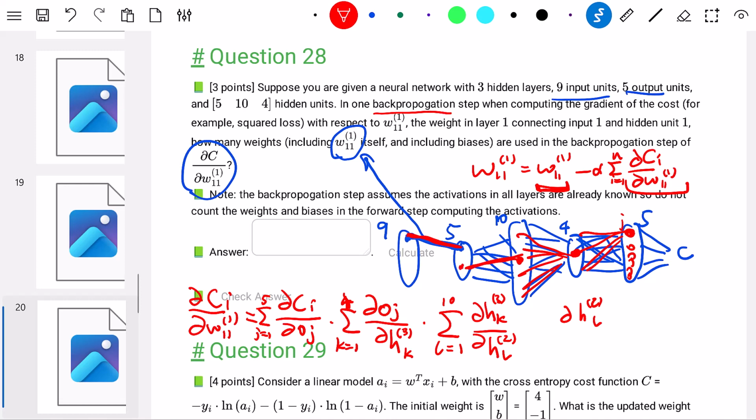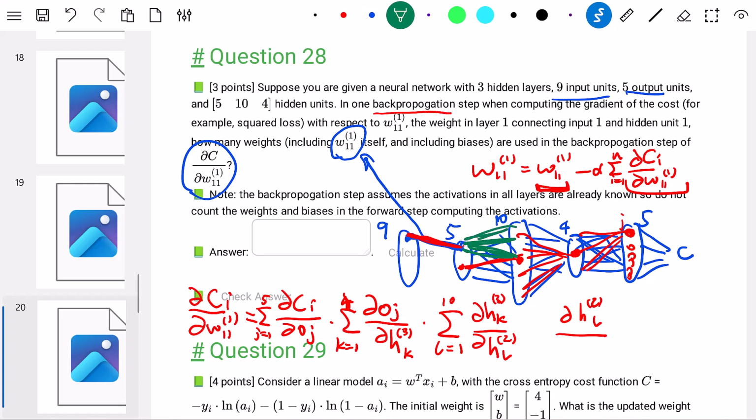If we compute the derivative with respect to, say, another h1 unit, so hidden layer 1, and another unit that's not unit 1, when we compute the derivative with respect to that weight, we get 0 because they are not related in any way. So when we take the last hidden layer derivative, we only care about the first one. So in particular, we only care about this one here.